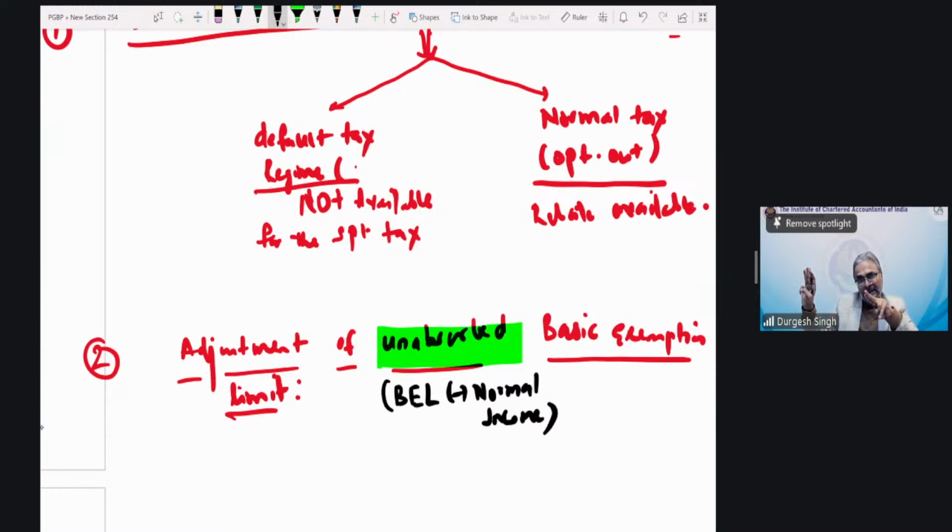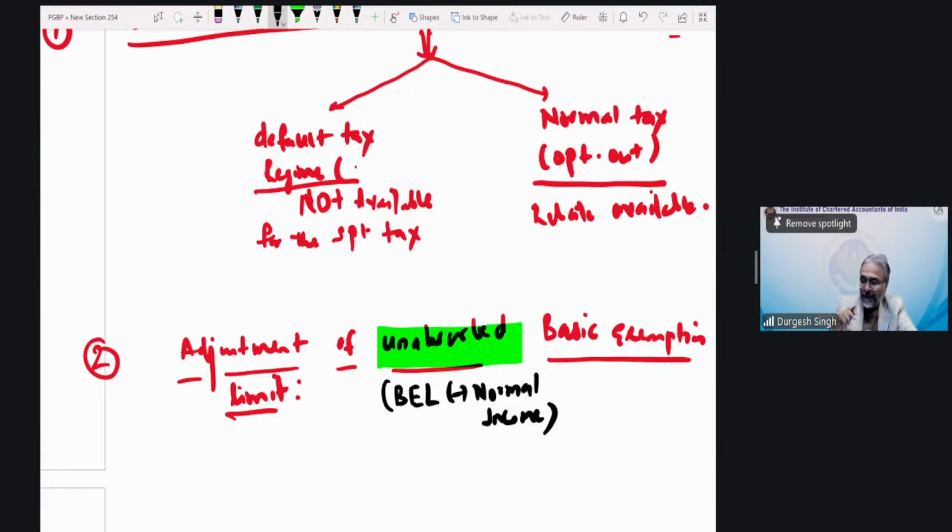LTCG is 3 lakhs, which is supposed to be charged under 112A. The question is whether this 3 lakh can be adjusted against 2 lakhs. Answer is yes, students. You can adjust it, and therefore after adjustment, tell me how much is the balance LTCG? 1 lakh, and therefore on 1 lakh you will apply 12.5%.